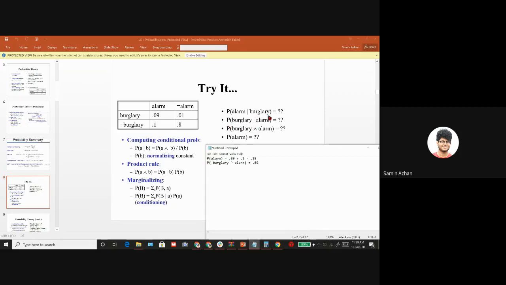And this symbol represents probability of burglary while alarm is true. This is where we're going to need the rule for conditional probability.